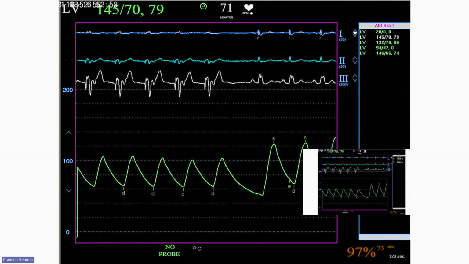Okay, again this one. Who's on the mic? What is the first half and what is the second half? And what is the hemodynamic phenomenon which is indicated here?